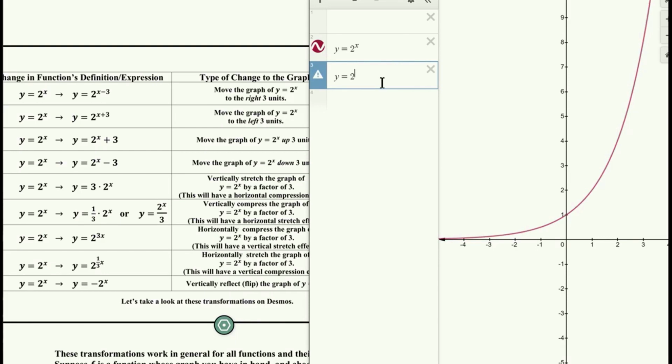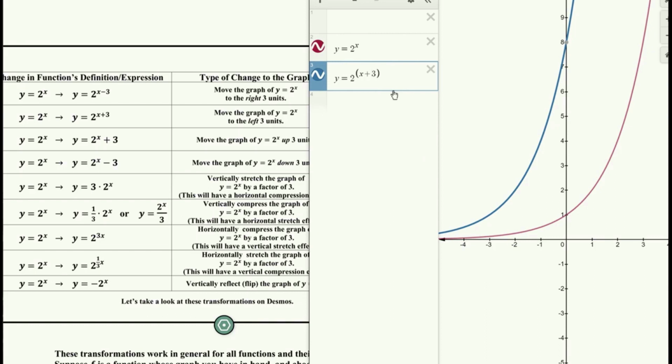I'm going to have to use parentheses. And notice that, in fact, let me change the color. It did move the graph 3 units to the right. Now, if we change that -3 to +3, you'll see that the graph of 2 to the x will move to the left 3 units.